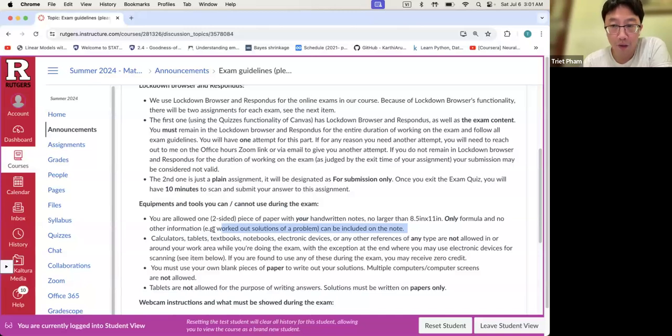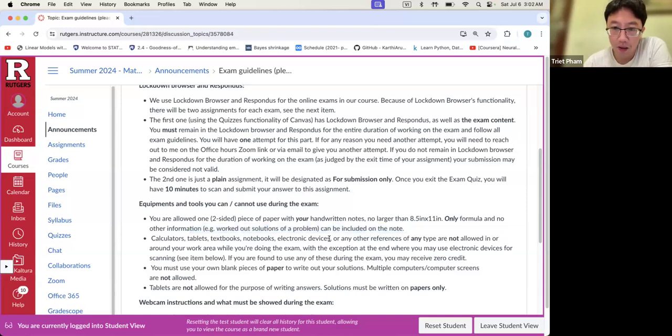You will have to submit, again, a copy of your note together with your solution, okay? So that's how I will verify that you do not have anything on your note besides formulas and stuff. So formula means, let's say, the moment generating function of Poisson, yeah, that counts as a formula. But let's say solution to problem 2.31 is not, okay, a formula.